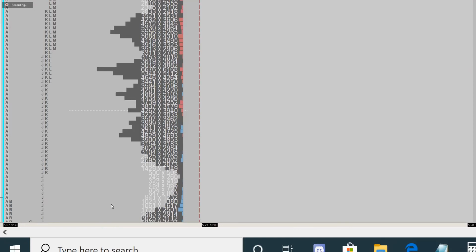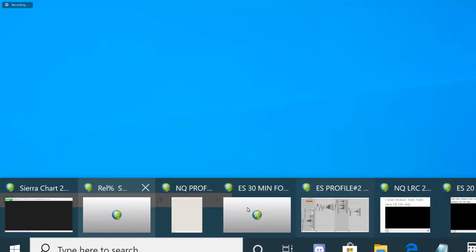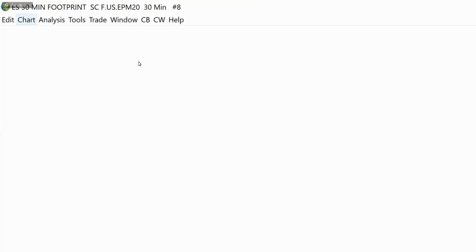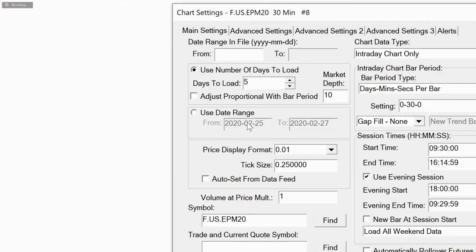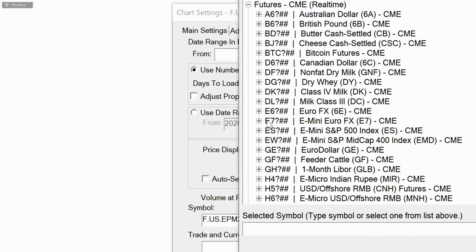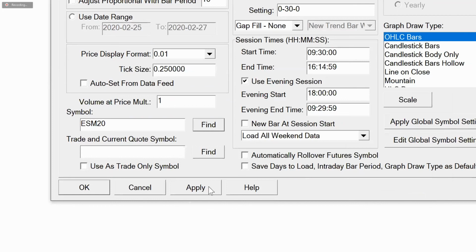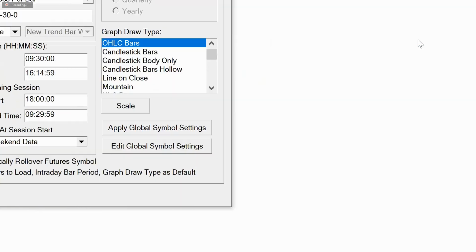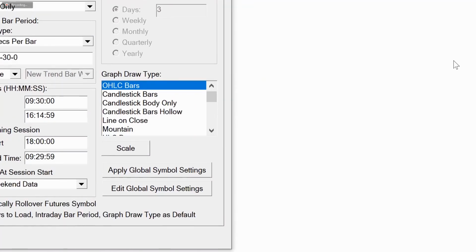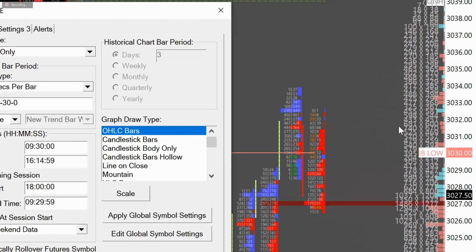So basically, I don't really care about all the prices there, or the volumes of all those. I just want to see the general structure at the beginning. Yeah, this is a 30-minute footprint.